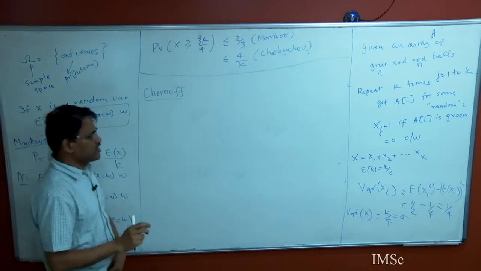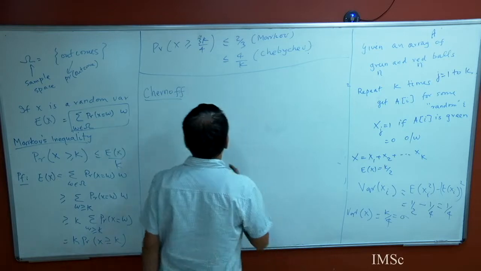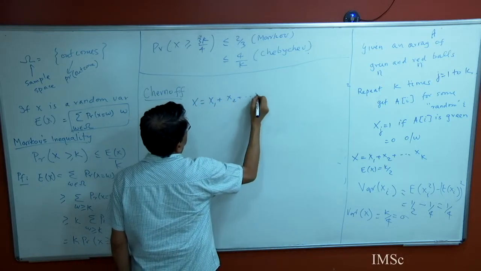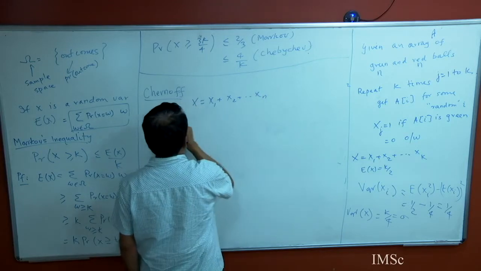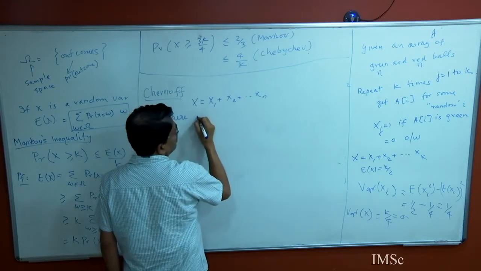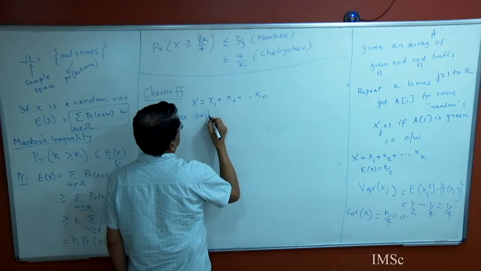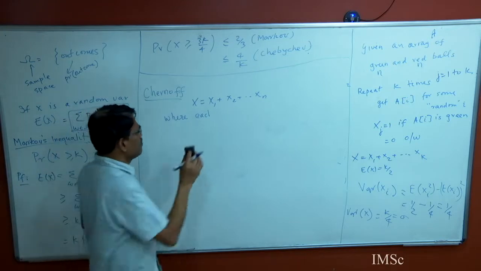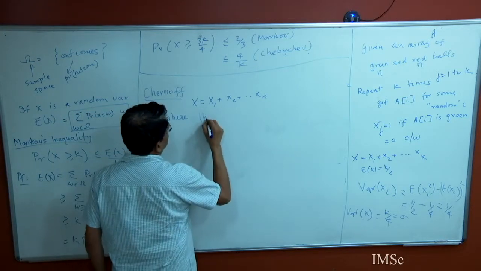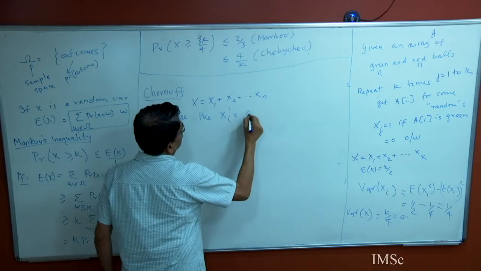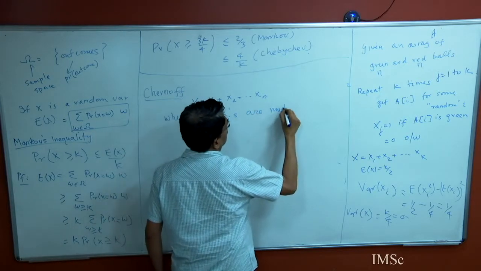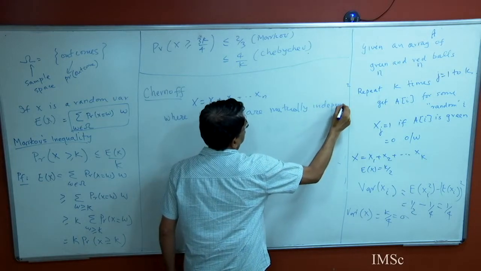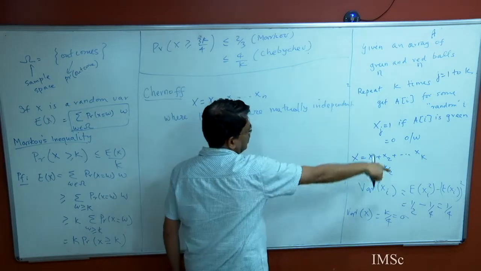It works for this kind of random variable: suppose x is equal to x1 plus x2 plus up to xn, where the xi's are mutually independent, like in our case, right?